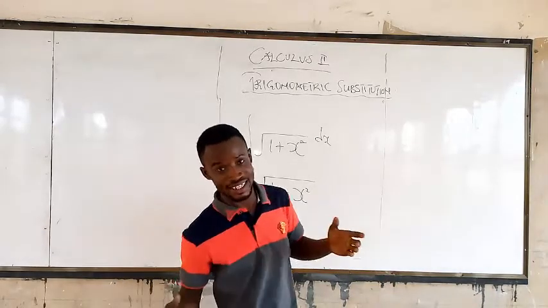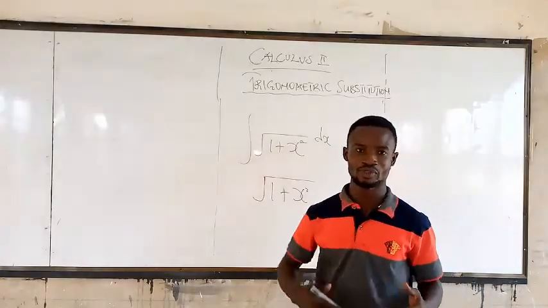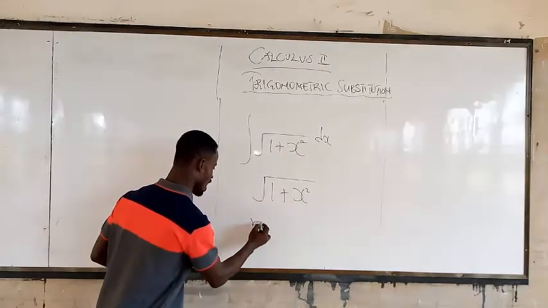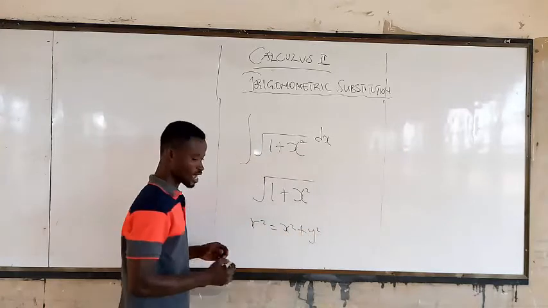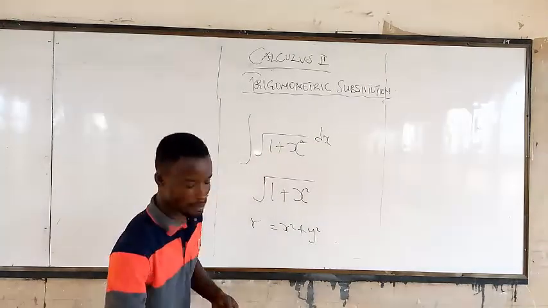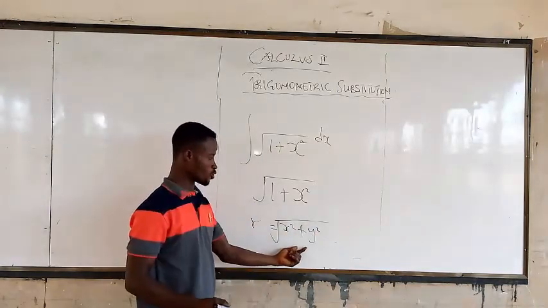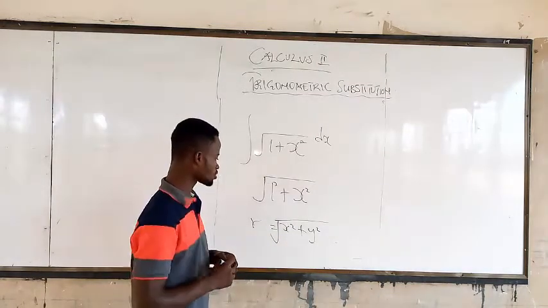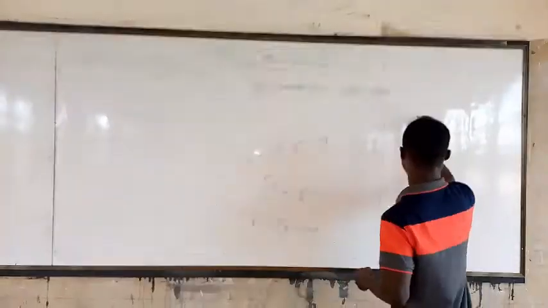In case you can see it well, from the Pythagorean theorem, which says that r squared is equal to x squared plus y squared, you can see that this is in that form by taking the square root of both sides, because we can let this one be 1 squared.